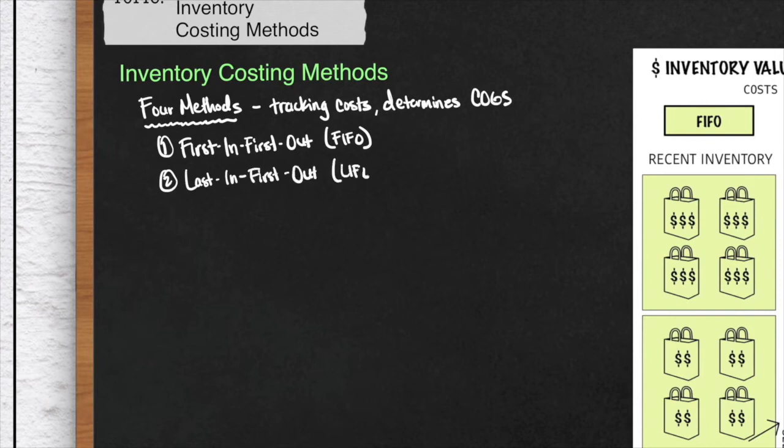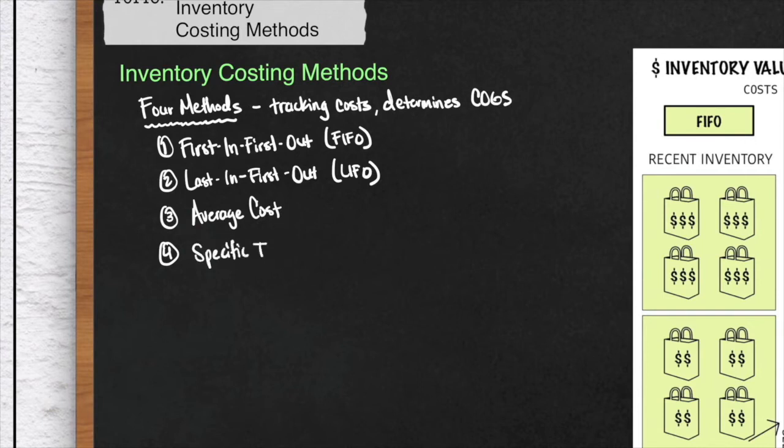This method assumes that you sell the most recent inventory first, so the newer stuff first. When I talk about inventory, we assume that it's all the same type of product. The third one is average cost, where you take an average of the cost. And the fourth one is called specific identification. I put special there, but it should say specific identification.